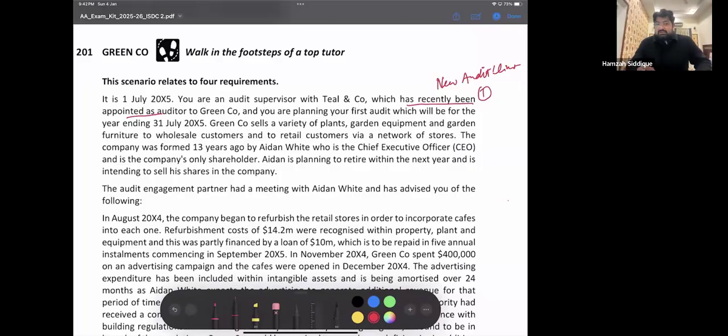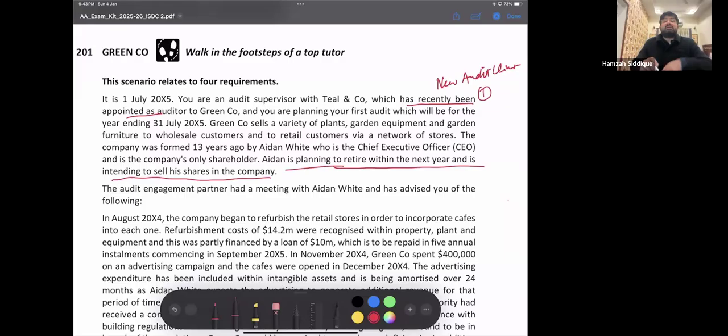The company sells a variety of plants, garden equipment, and garden furniture to wholesale customers and to retail customers via a network of stores. The company was formed 13 years ago by A. White, who is the chief executive and is the company's only shareholder. Aiden is planning to retire within the next year and intends to sell shares.